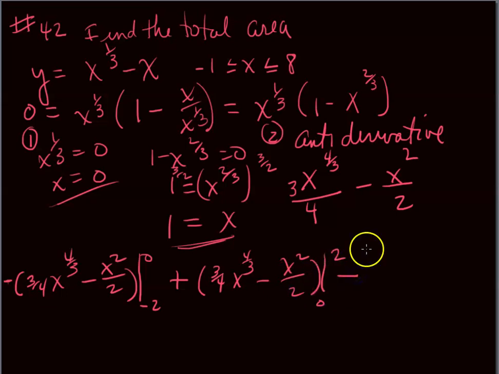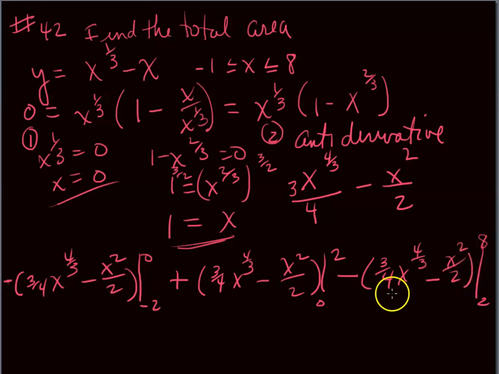And then we're going to get another negative area, so we got to put a negative out front. 3/4 x to the 4/3 minus x squared over 2 evaluated from 2 to 8. So I'm going to run out of room, but you can put these in. Be a little careful.